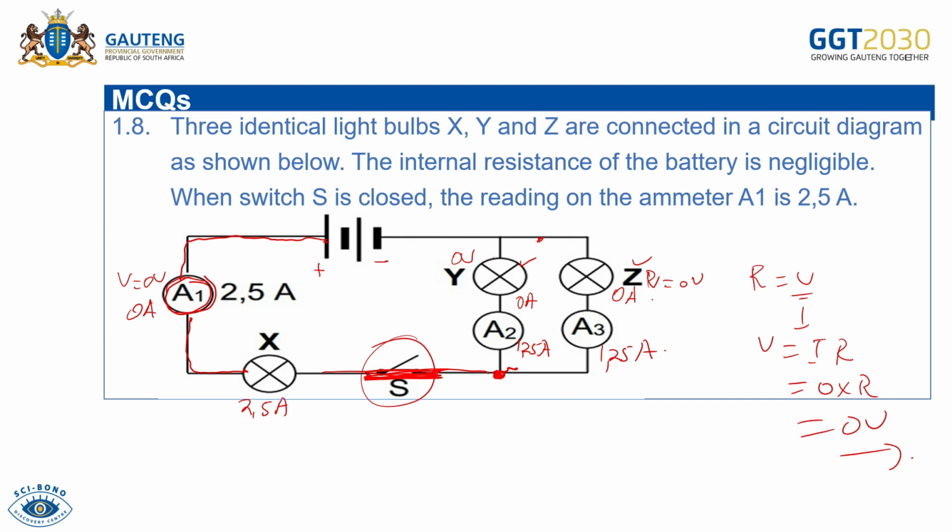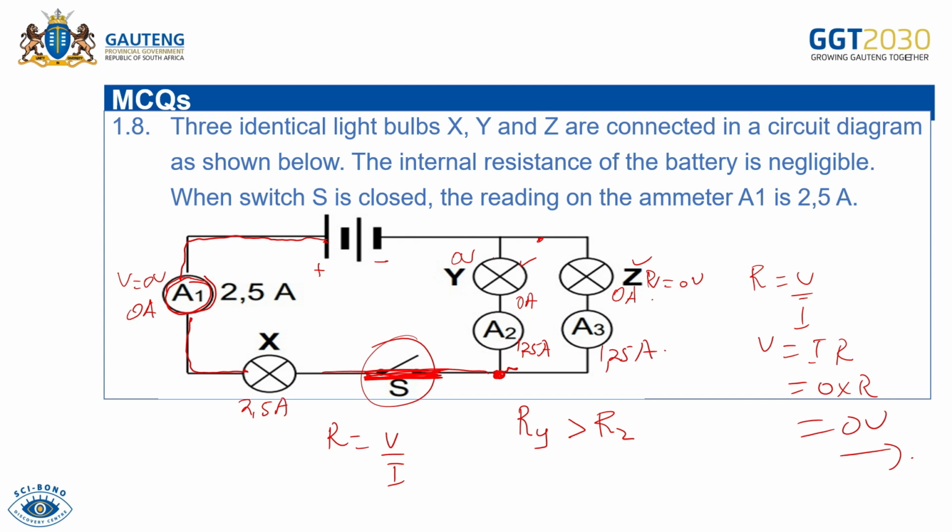Right. So I hope you understand what we are doing here. Why the current is divided equally is because Y and Z are identical. Unless the resistance of Y was greater than the resistance of Z. R is given by V over I. Okay?